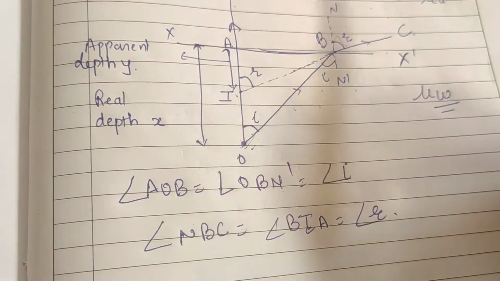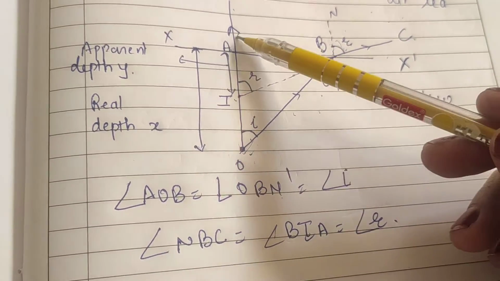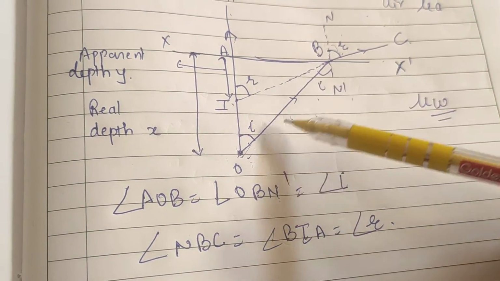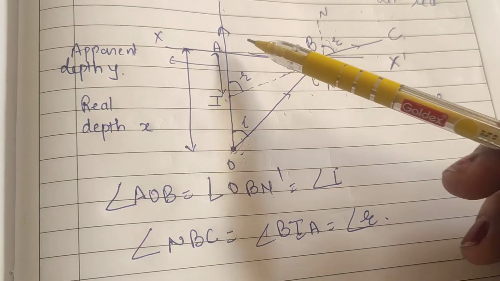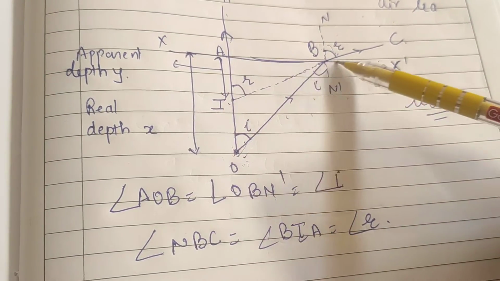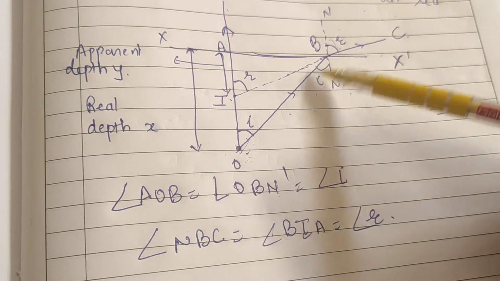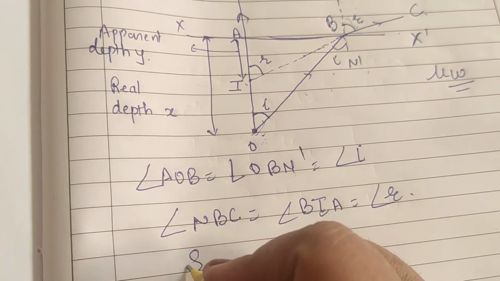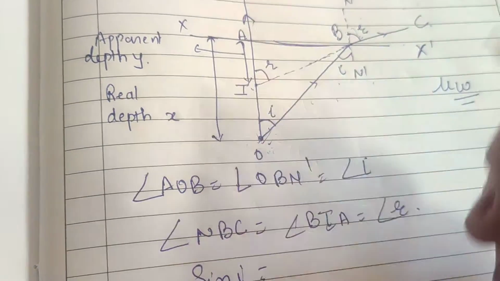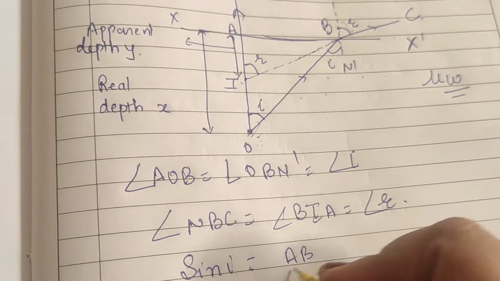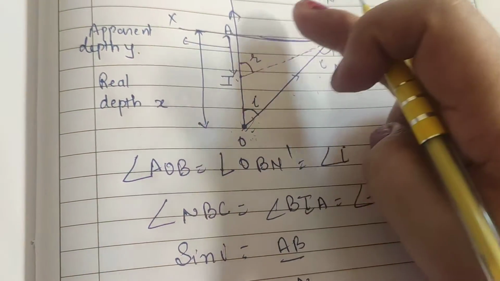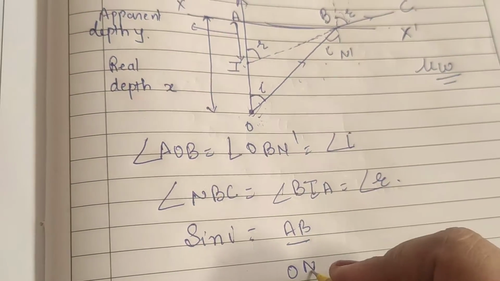Now in triangle OAB, this angle is I and this is 90 degrees, so this becomes the base, this the perpendicular, and this the hypotenuse. We can write sine I equals perpendicular upon hypotenuse, that is AB upon OB.